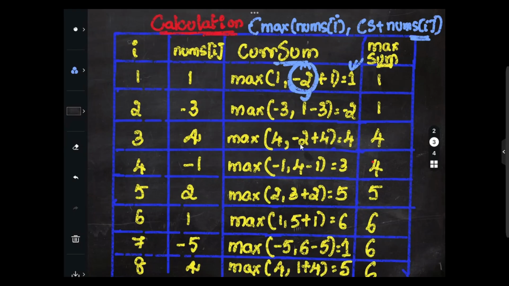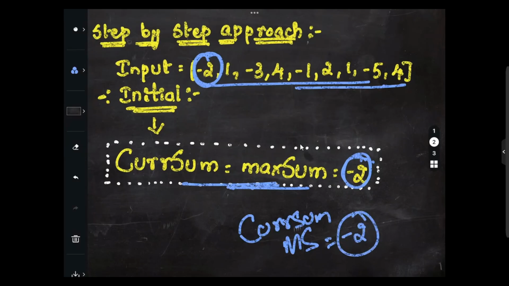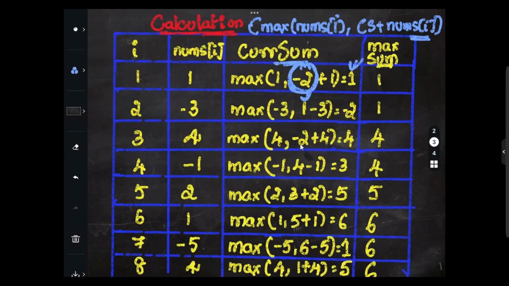So initially -2, how do we use this one? This came from the initialization part. Initially we consider current sum and max sum; I'll just write ms here. Max sum is -2, current sum is also -2. Here i is nothing but the index, a 1-based index.